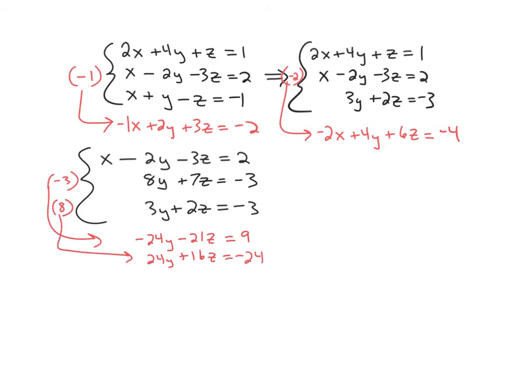Okay, so now I have my top equation, which is not involved in the transaction, so it'll stay. And I need to leave one of these two equations here. I'm going to leave the one with the smaller numbers, so that would be the 3y plus 2z equals negative 3. It really doesn't make a big difference. You can pick either equation.